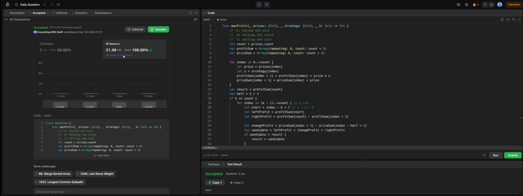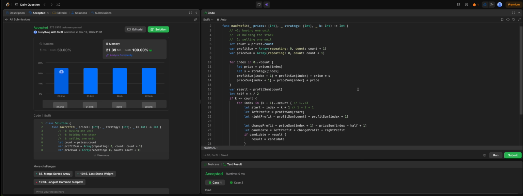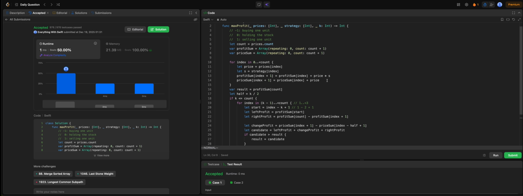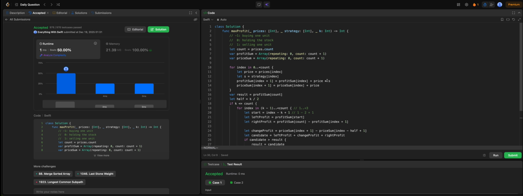Let me check the space complexity. That should be O of n. Yep. I have no idea how it became n square. Wait, let me check. I don't do any nested for loop in here. Or maybe it's a problem with Leetcode?